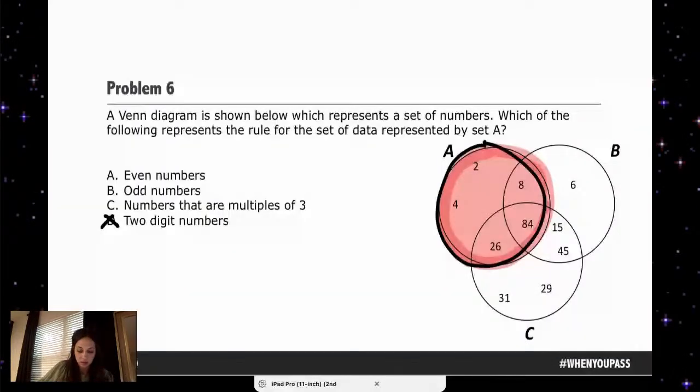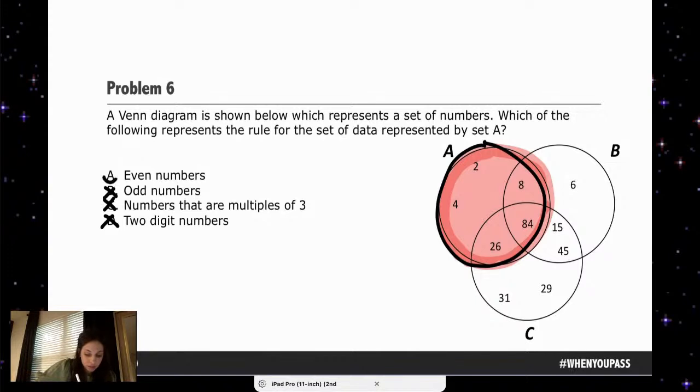Let's look at the next rule that is being shared. Odd numbers. 2, 4, 8, 84, 26. Are those odd numbers? Nope.